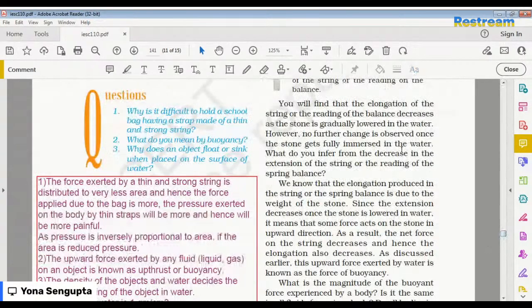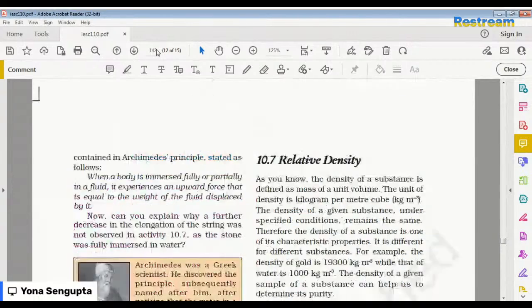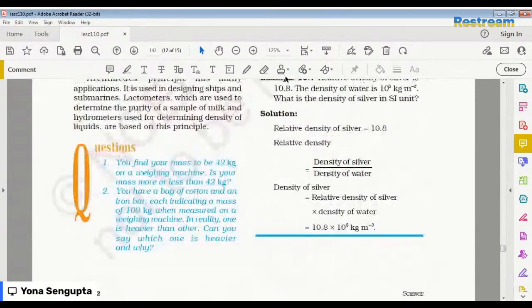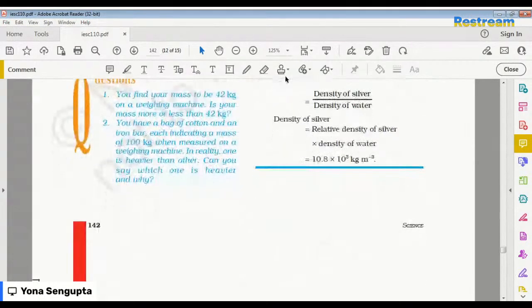Okay, so it is done here. Next, on page number 142: you find your mass to be 42 kg on a weighing machine. Is your mass more or less than 42 kg?